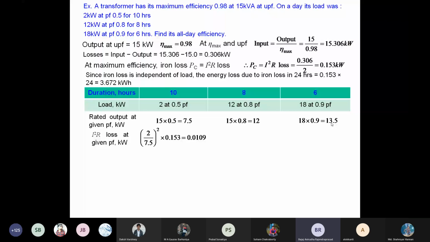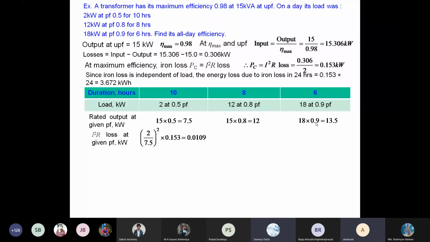You have written the correct 13.5, but it is just a typo. Sir, in the last rated output column, we got 18 at 0.9.